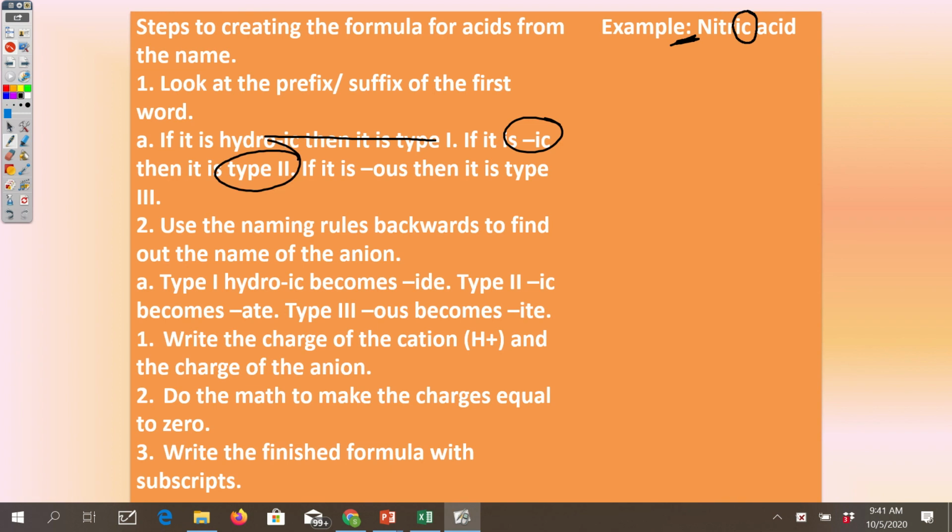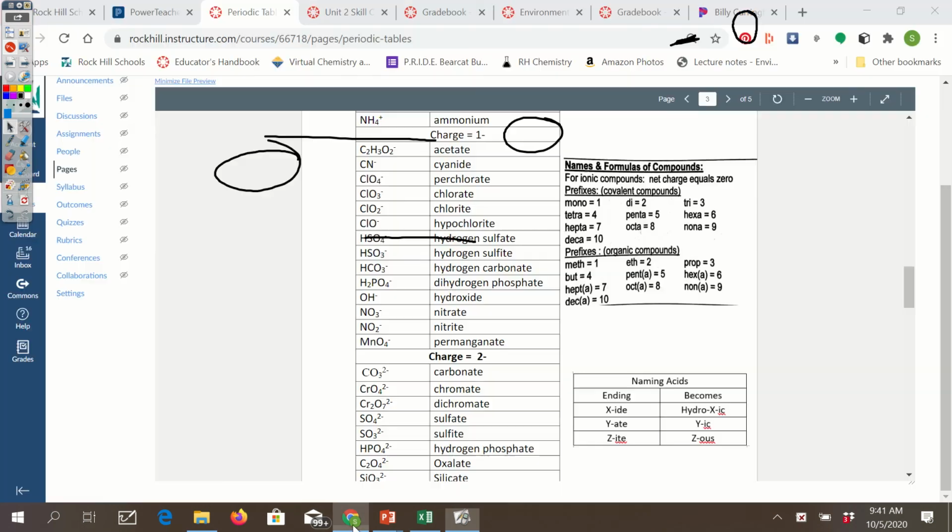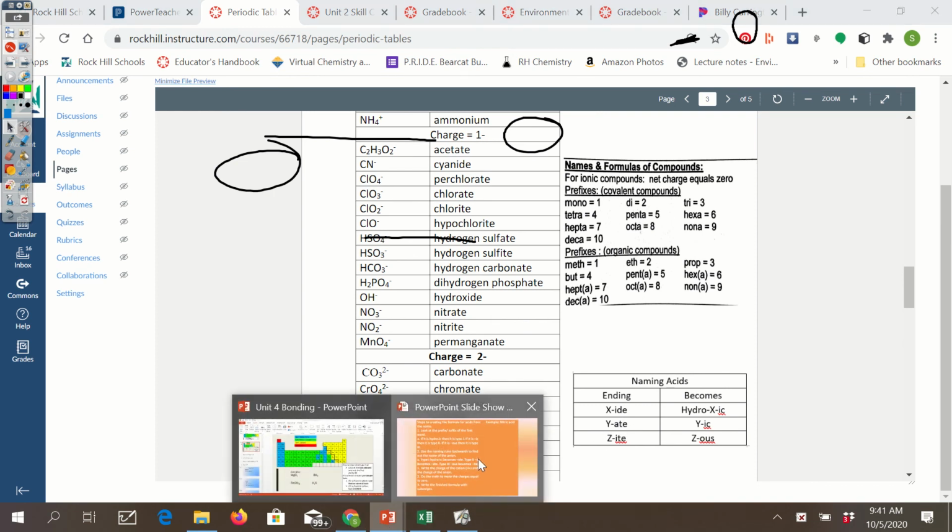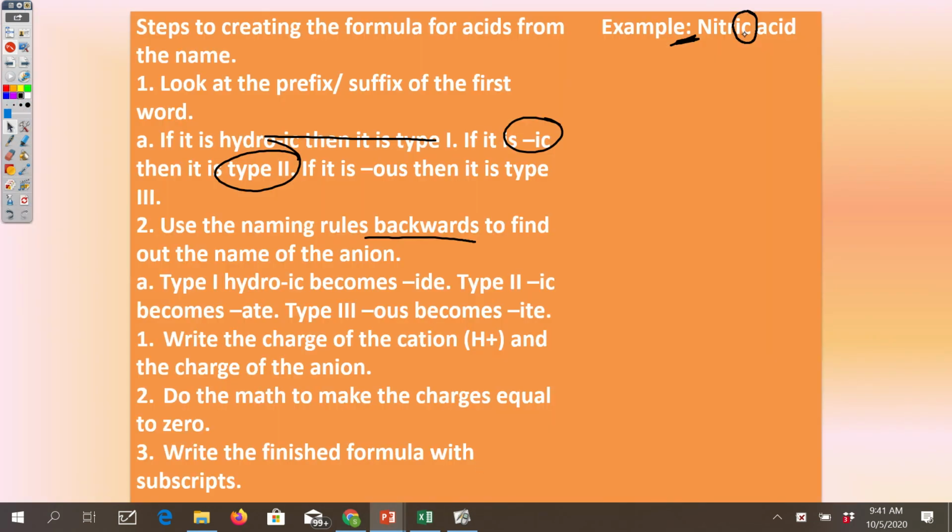We're going to use our naming rules backwards. Looking at our chart, we're in a type 2. Ic came from what? Ate. So we're going to change this ic back to ate.